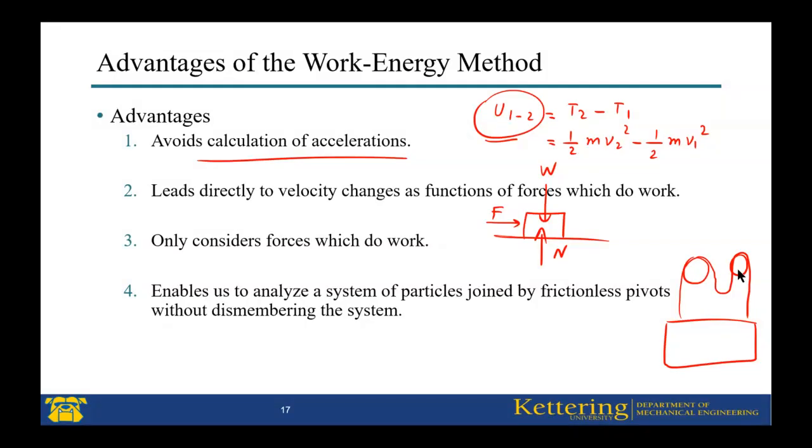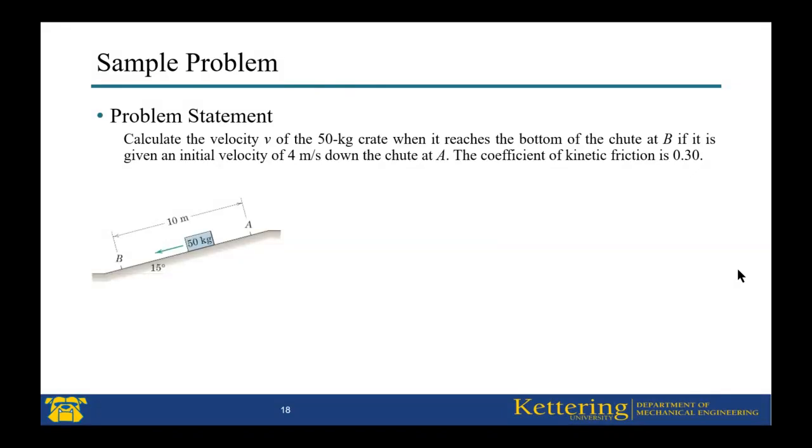Let's solve examples. First, we want to calculate the velocity of the crate at state B, or position B, if it started with an initial velocity of 4 meters per second down from state A, and the coefficient of kinetic friction is 0.3.